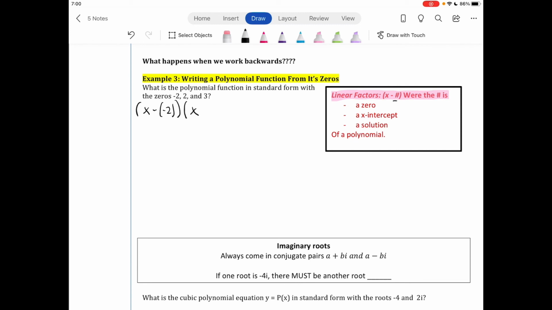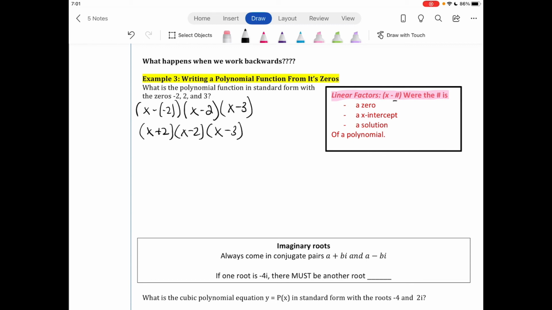Then we would have x minus a positive 2 is our second one, and x minus a positive 3 for our third. We can simplify, so this becomes x plus 2 times x minus 2 times x minus 3. So notice how the sign of the original number changes when we put it into the linear factor, because we're undoing the solving by putting it back in.